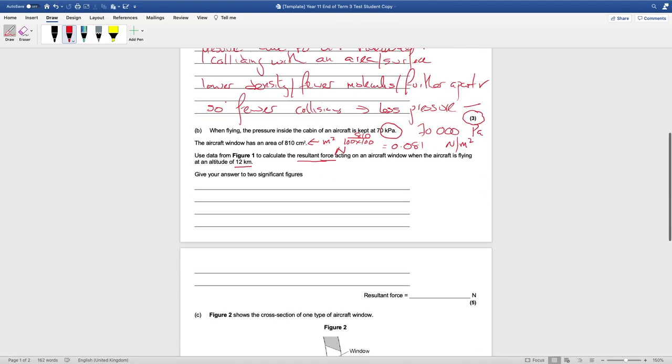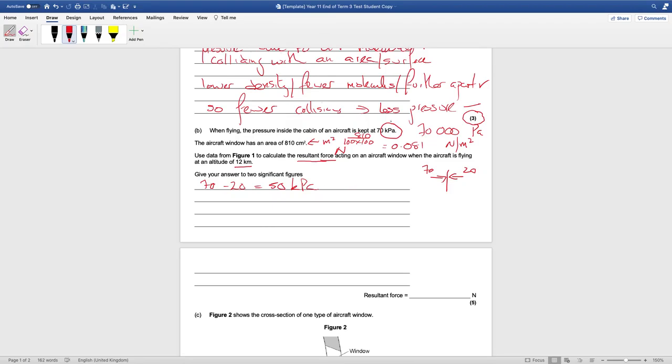So we have 20 kilopascals as atmospheric pressure, and we have 70 kilopascals, which is the pressure on the inside. So the net effect, the resultant pressure, if you like, is 70 minus 20, equal to 50 kilopascals.